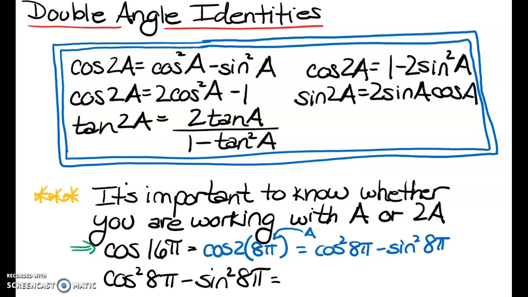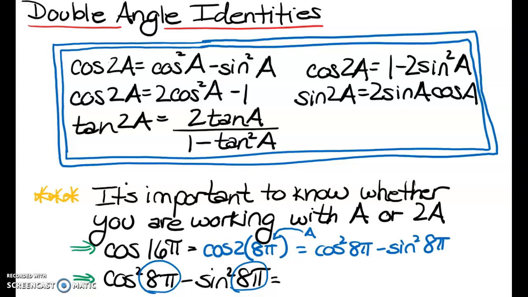All right, so now if the directions were to write this as a single function, use your double angle identities to write it as a single trigonometric value. I know that cosine squared of 8 pi minus the sine squared of 8 pi, both of these are the same angle.